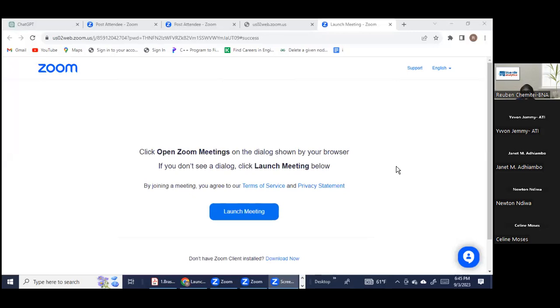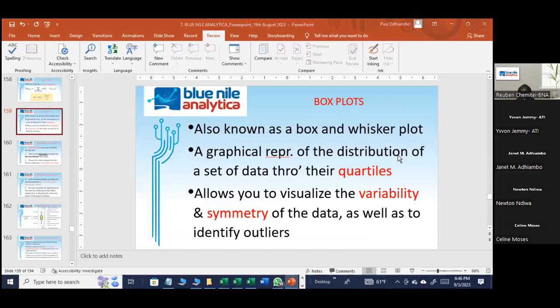You're able to see. Now, what I want us to look at is what we call box plots. Sometimes we need to summarize our data. If you are given a set of data, how does it look?